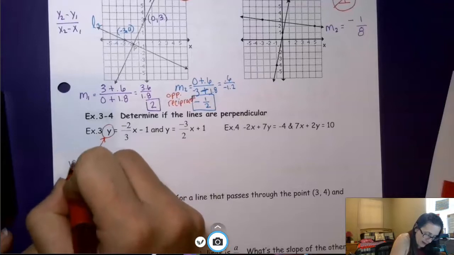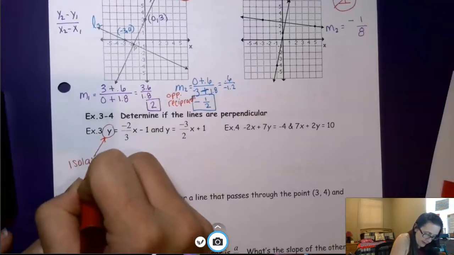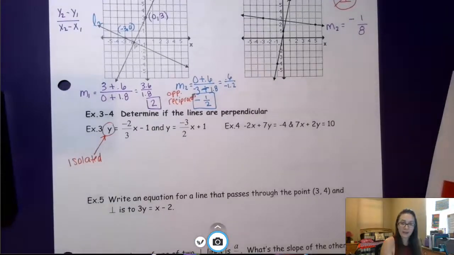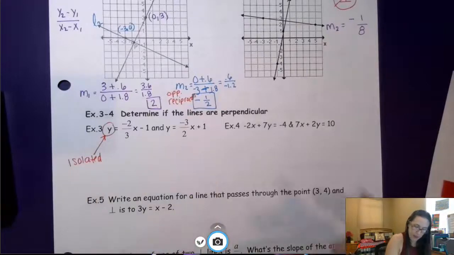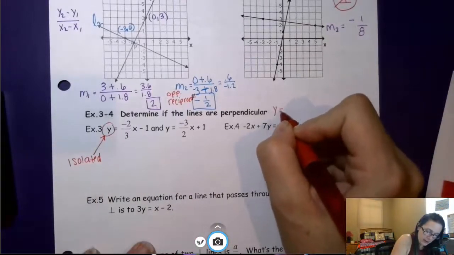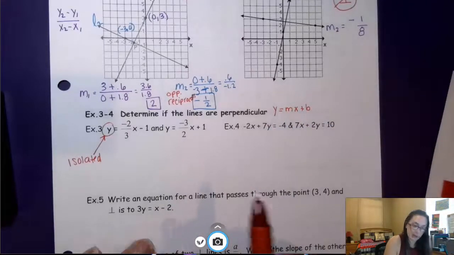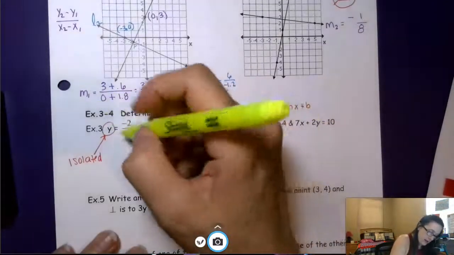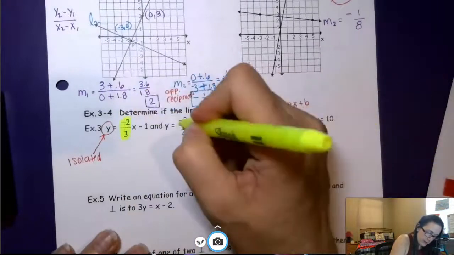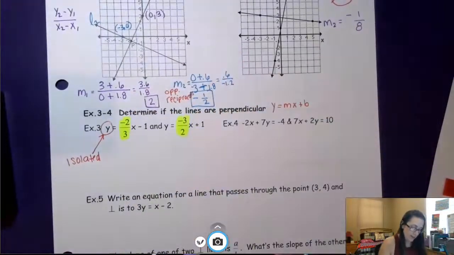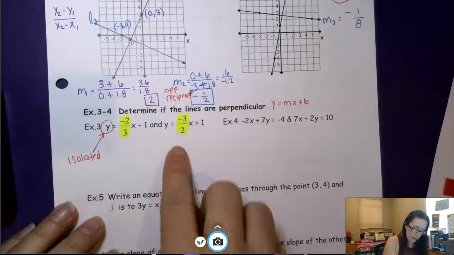The y is isolated. If the y is isolated, you are now in slope-intercept form, which is y equals mx plus b. So if we're in y equals mx plus b, we want to look at our slopes. Here's the slope of the first line, slope of the second line. Now, these are reciprocals. They're flipped, 2/3, 3/2.